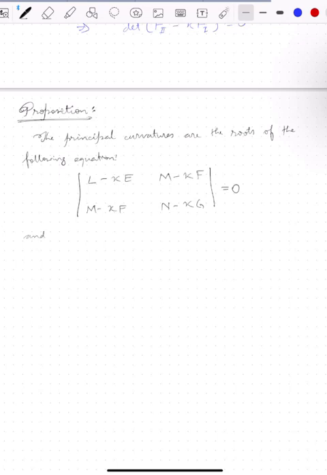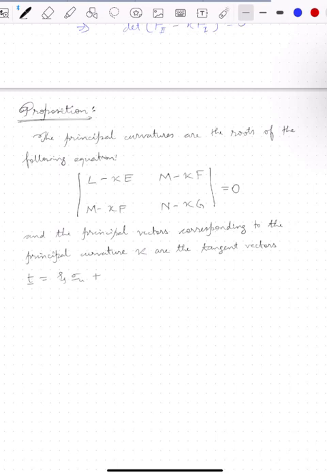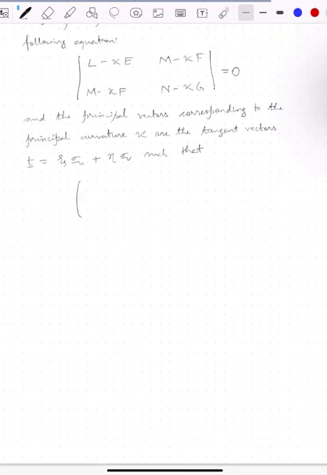And the principal vectors corresponding to the principal curvature kappa are the tangent vectors T vector is equal to zeta sigma u vector plus eta sigma v vector, such that, and of course we are just relying on the same expression here.